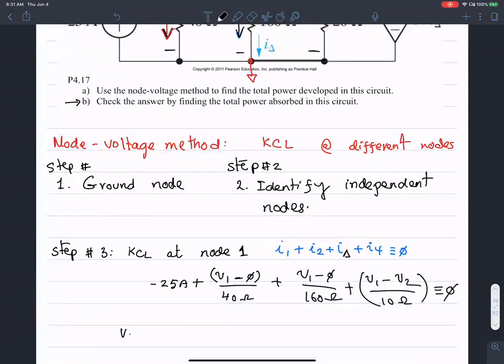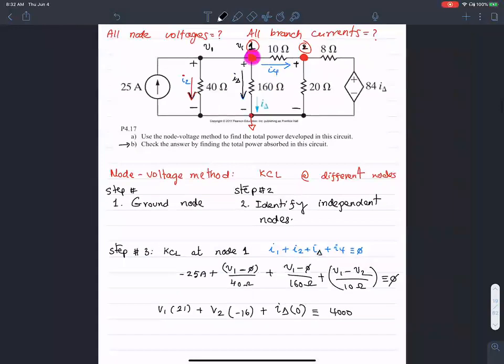It will be V1 times 21 plus V2 times negative 16 plus I delta times 0, all of that equals 4,000. So that's the KCL at node 1. Let me clean this up a little bit. And then let's do KCL at node 2 as well.